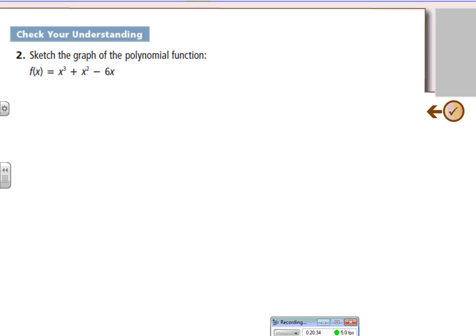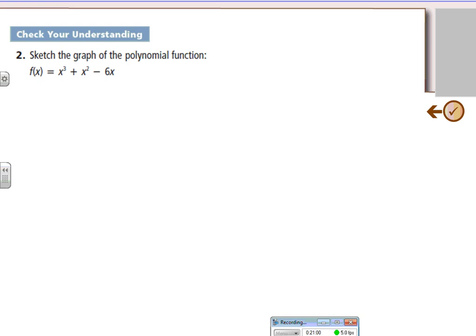Well, example number 2, we're going to take it a little bit further. We're not going to use that table of values. We're going to sketch it by using what we just learned in this chapter. If we factor, thinking back to when we did quadratics, if you factor a quadratic, you can find the zeros, the x-intercepts, from those factors.